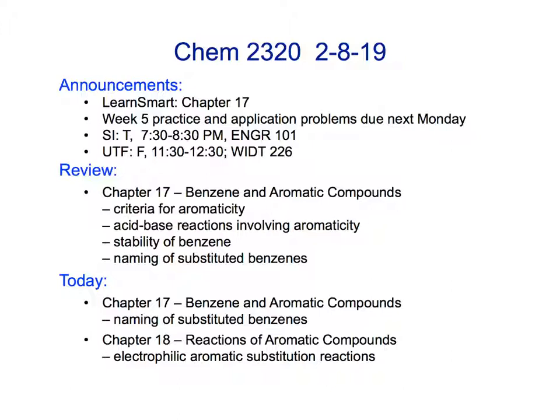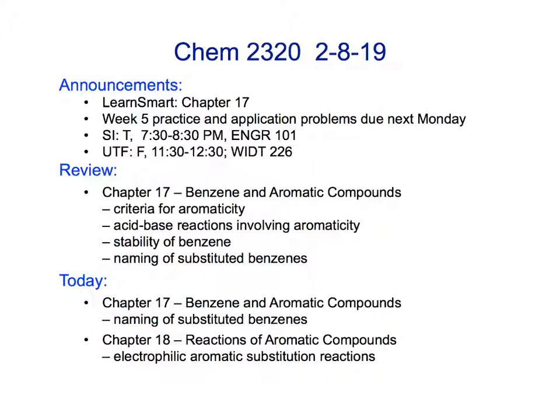Yesterday we mostly finished off chapter 17. Remember, chapter 17 is where we introduced benzene and the concept of aromaticity. We talked about some different criteria that molecules needed to satisfy in order to be aromatic. They had to have a continuous pi system, which meant they needed to be cyclic.